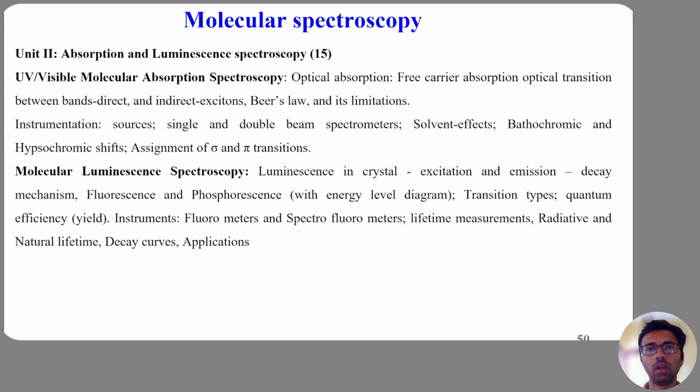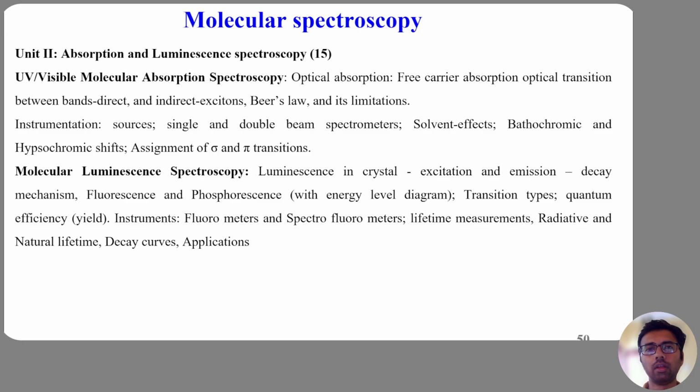Over the past 12 lectures, we have systematically analyzed how matter interacts with light during absorption. We have studied in detail how molecules and solid-state systems capture photons. We began with optical absorption mechanisms. You examined free charge carrier absorption and optical transitions between energy bands.